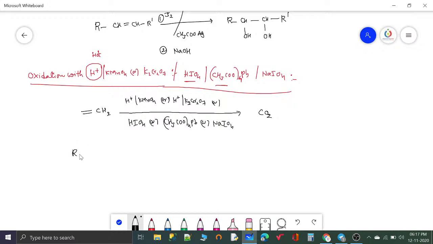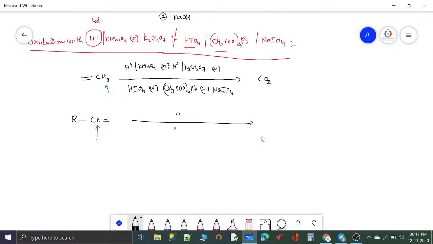And if any alkene part is having this type of group, the double bonded carbon must have at least one hydrogen. Here two hydrogen atoms are present. So a double bonded carbon with one hydrogen, in the presence of these reagents, will be oxidized to its respective carboxylic acid.